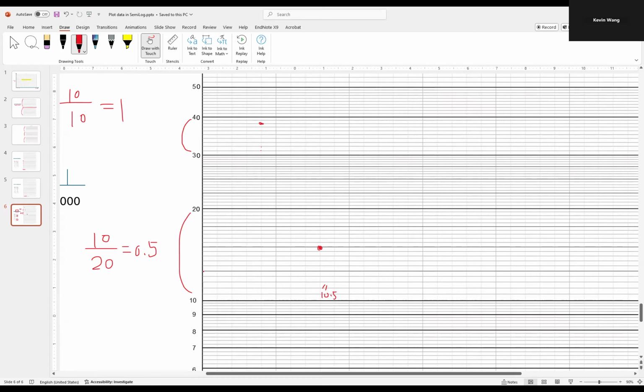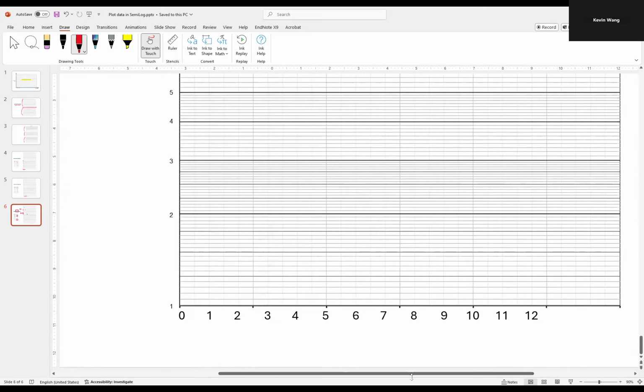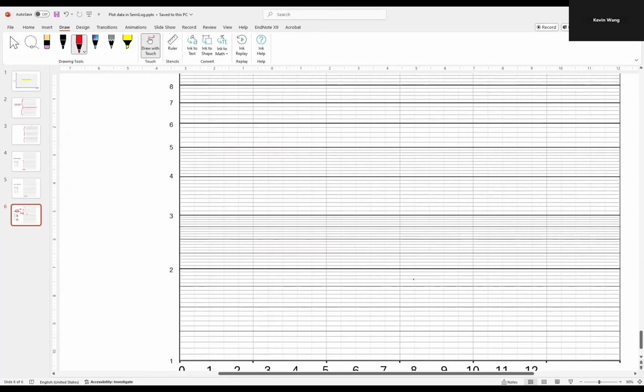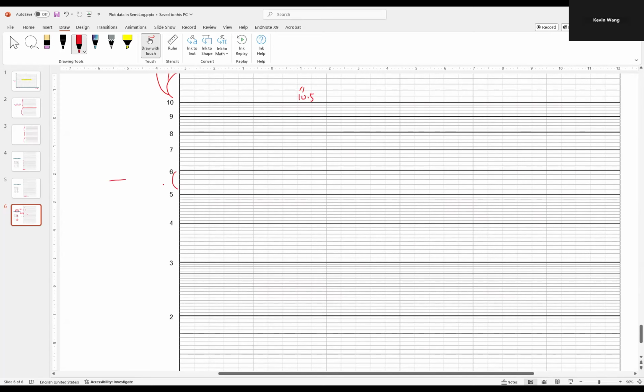So that's 4 hour. So the next one would be 8 hour, 5.5. So 8 hour is here, and the 5.5 is between 5 to 6, right? So between 5 and 6 is 1 unit, and we have 1, 2, 3, 4, 5, right? So each equals 0.2, right?